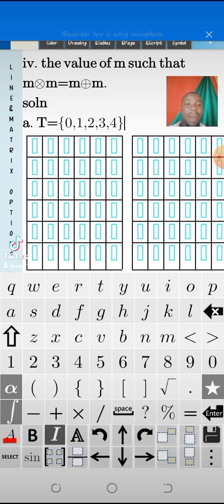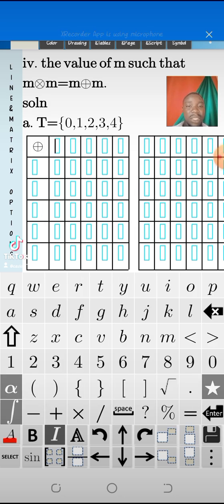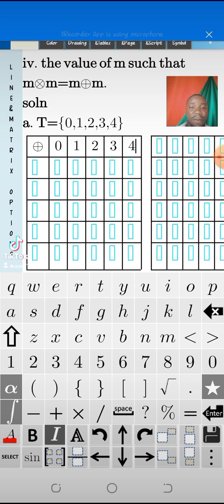So what we do now is create a table for addition and multiplication. Let's say the first table is for addition. You put the addition sign here, you arrange your numbers 0, 1, 2, 3, 4 based on the given set. Then here we also have 0, 1, 2, 3, and 4.